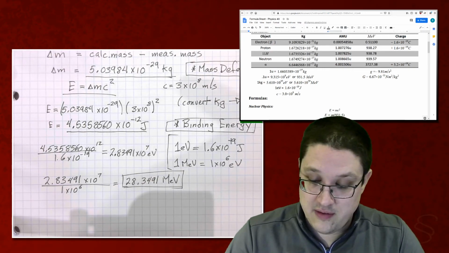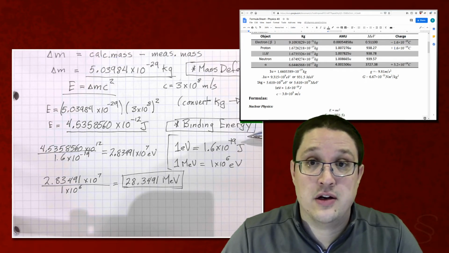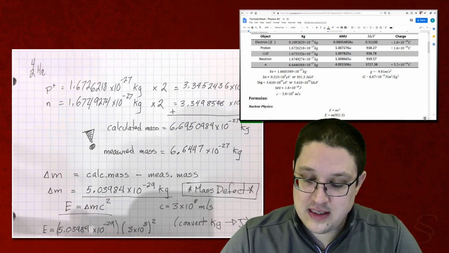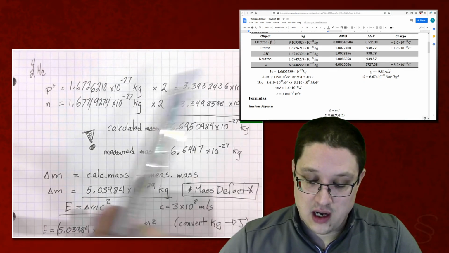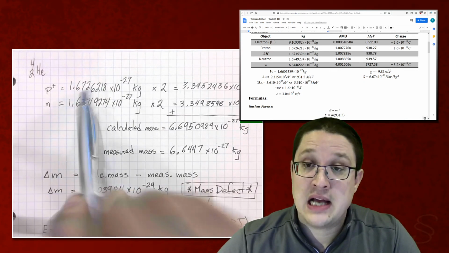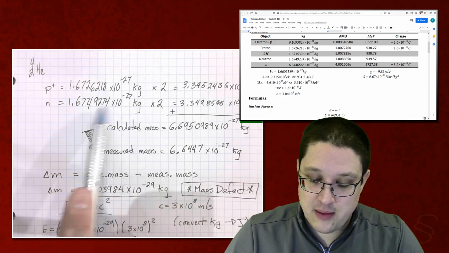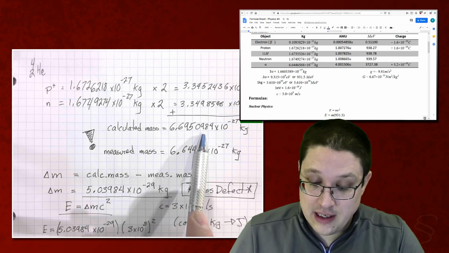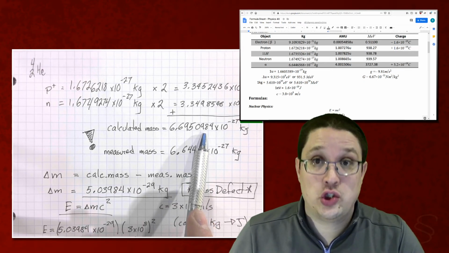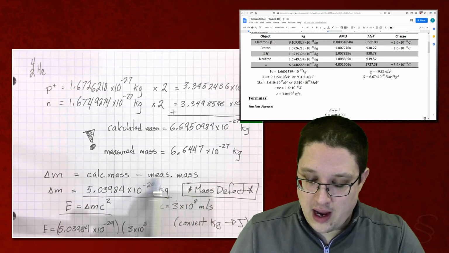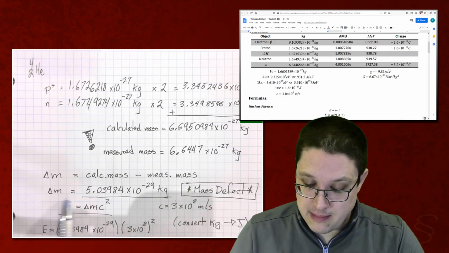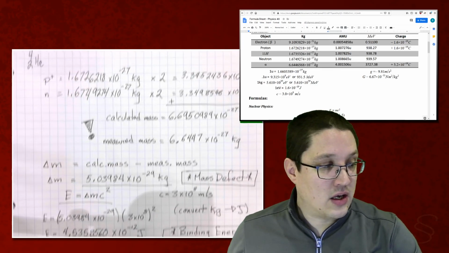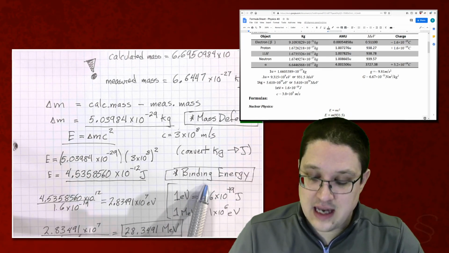We also have our mass defect and our binding energy. So, quick review. When I calculate the mass, I multiply the number of protons by the mass of a proton. I multiply the number of neutrons by the mass of the neutron. I add it up, get a calculated mass. This is what it should weigh. I subtract the measured mass to find the mass defect, what's missing, the missing mass. I can convert that into energy.